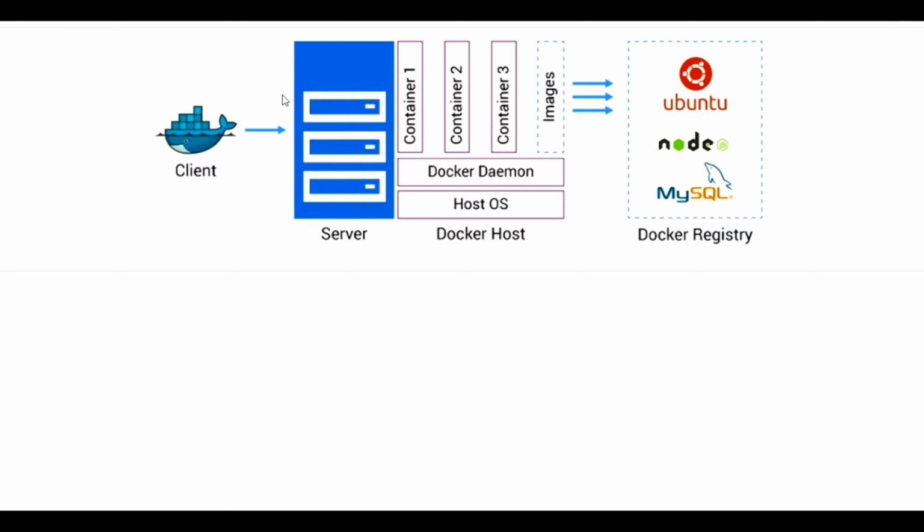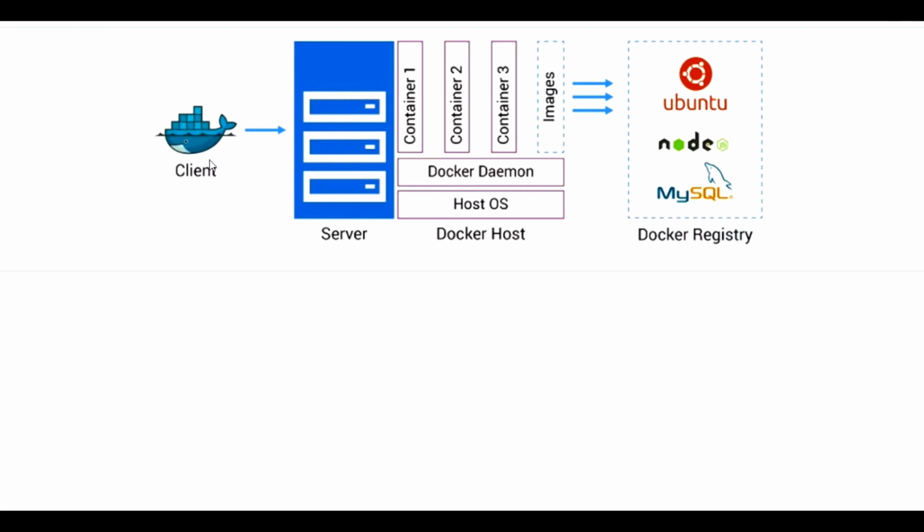There is the option for command line, also graphical interface. Then, what is the Docker daemon? The Docker daemon is mainly all the background processes that are responsible for managing Docker containers on a host system.